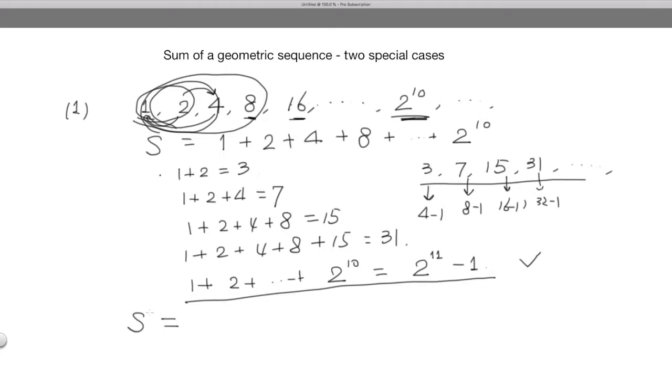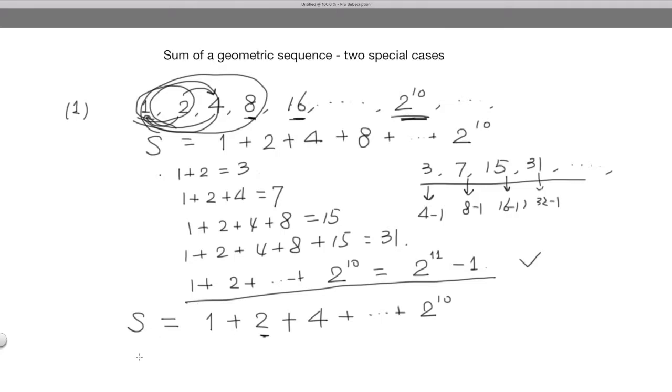So I'm going to call this sum, 1 plus 2 plus 4 plus all the way to 2 to the 10, equals S. Now one thing we observe is the next term is always the current term multiplied by 2, right? That's the pattern that we know from the beginning.